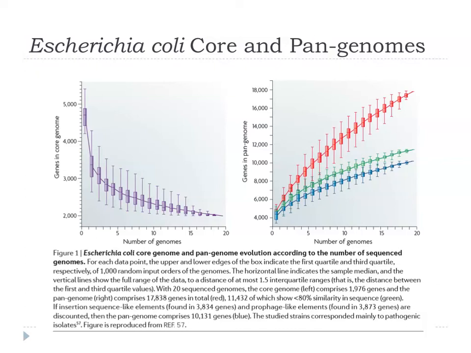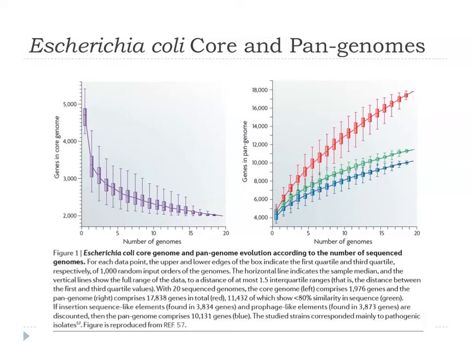There are various ways in which you can calculate what is the pan-genome and what is the core genome. It depends on what criteria you take to say that this is the same gene in 2 different strains. They may not be absolutely identical. You might say they're 98% identical in terms of nucleotide sequence, so they are the same gene, effectively.